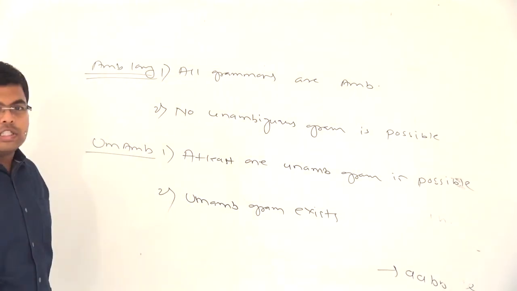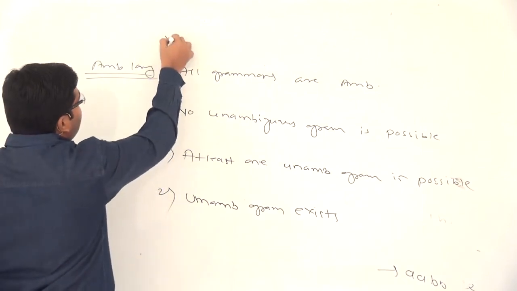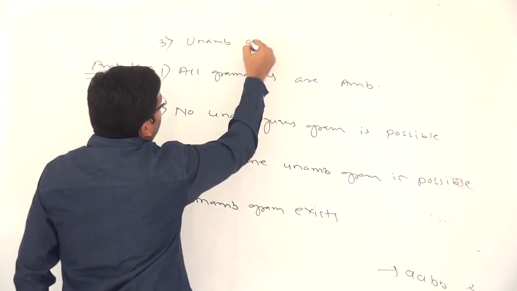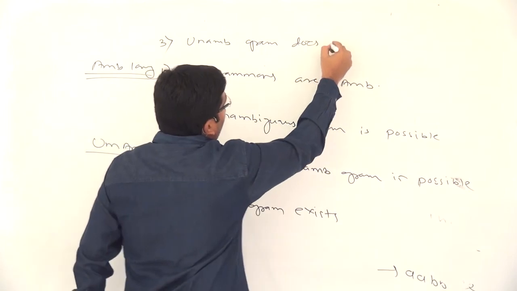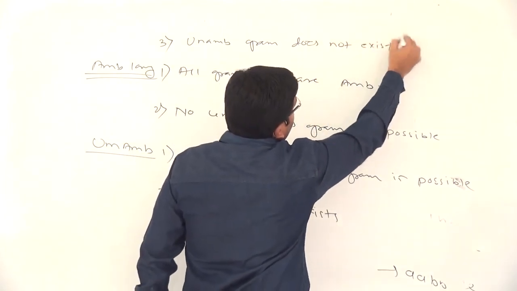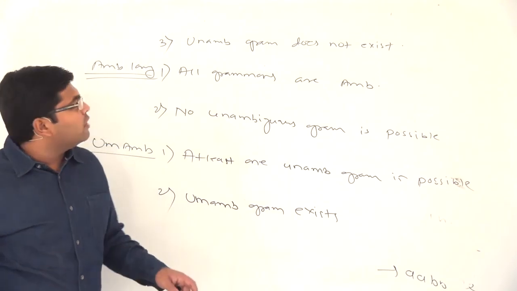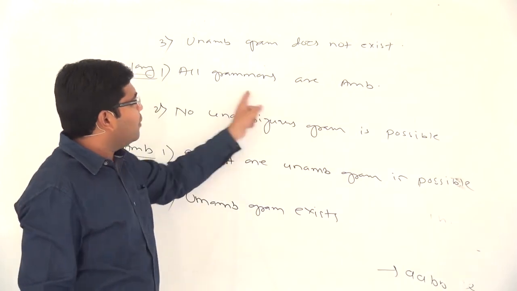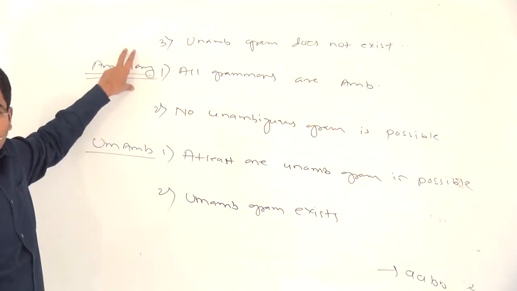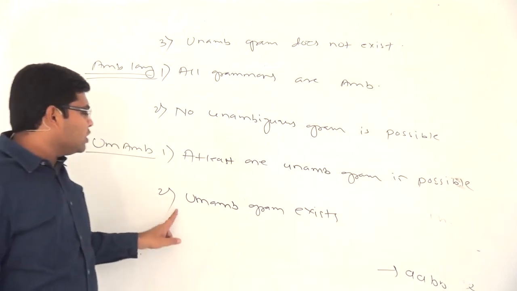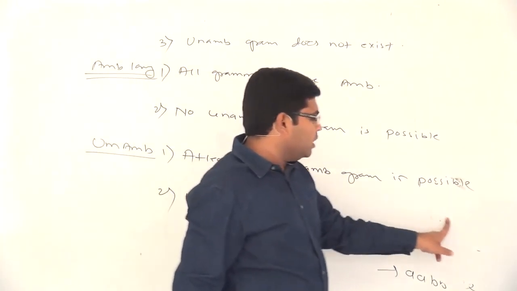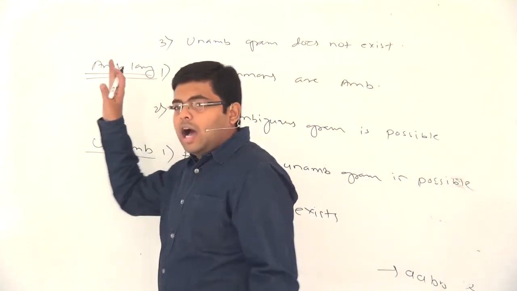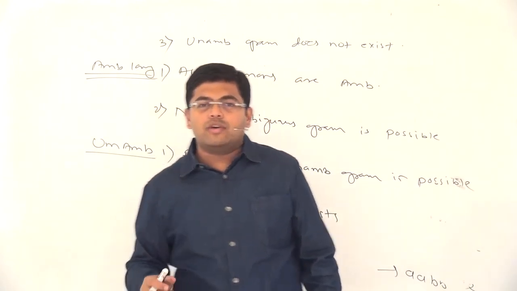When it comes to existence or non-existence, for an ambiguous language you can add one more clause: an unambiguous grammar does not exist. Let's be very clear with this. An unambiguous grammar does not exist, an unambiguous grammar is not possible, all grammars are ambiguous. Then only the language will be called an ambiguous language. And if an unambiguous grammar exists, at least one unambiguous grammar is possible, then that particular language will be called an unambiguous language. Ambiguous languages are also called inherently ambiguous languages.